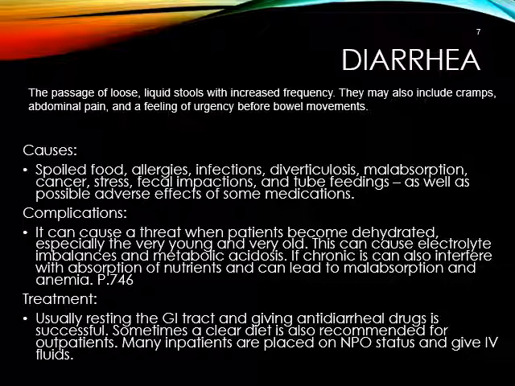But it helps slow the mo. That's what I like to call it, because it's medication that slows the motion of the GI tract. Sometimes a clear diet is also recommended for outpatients. Many inpatients are placed on NPO status and given IV fluids to replace that dehydration, that hypovolemia type of symptom.